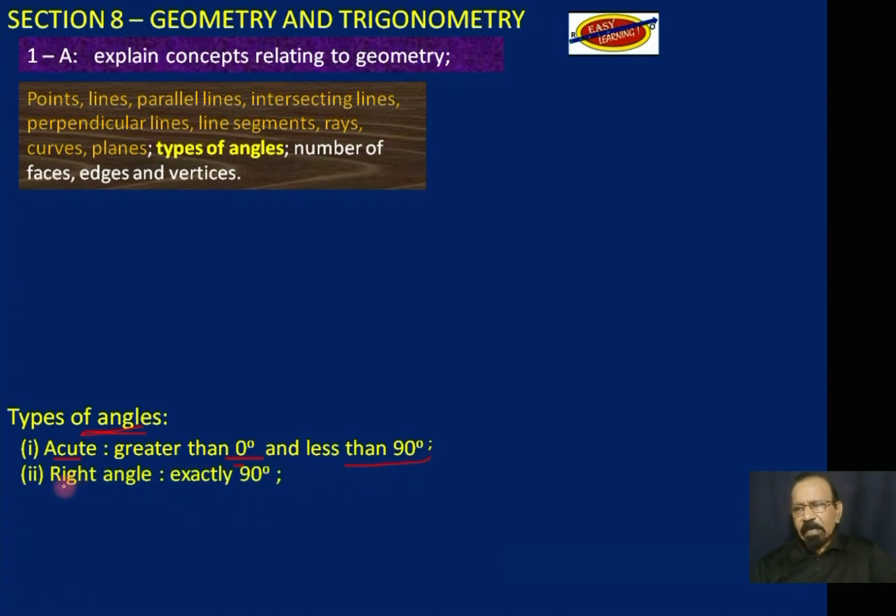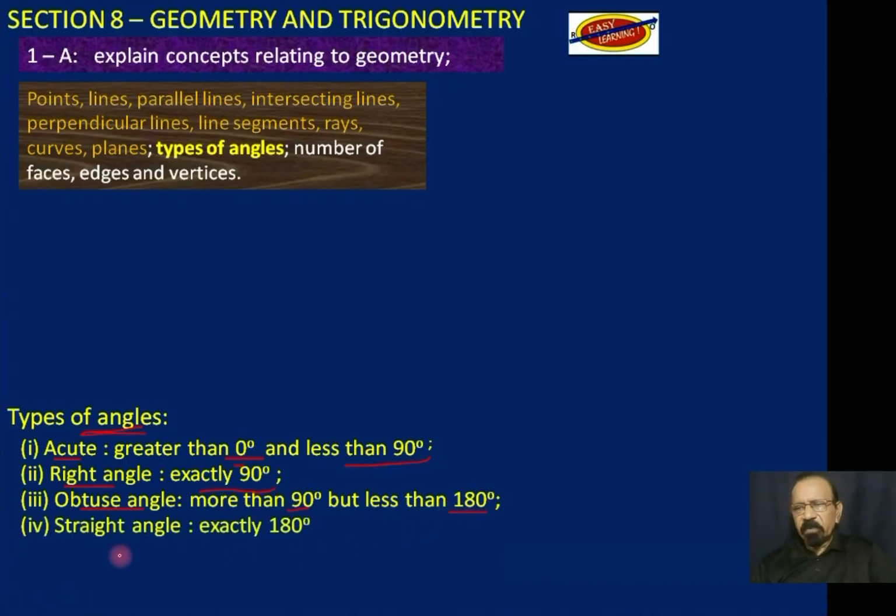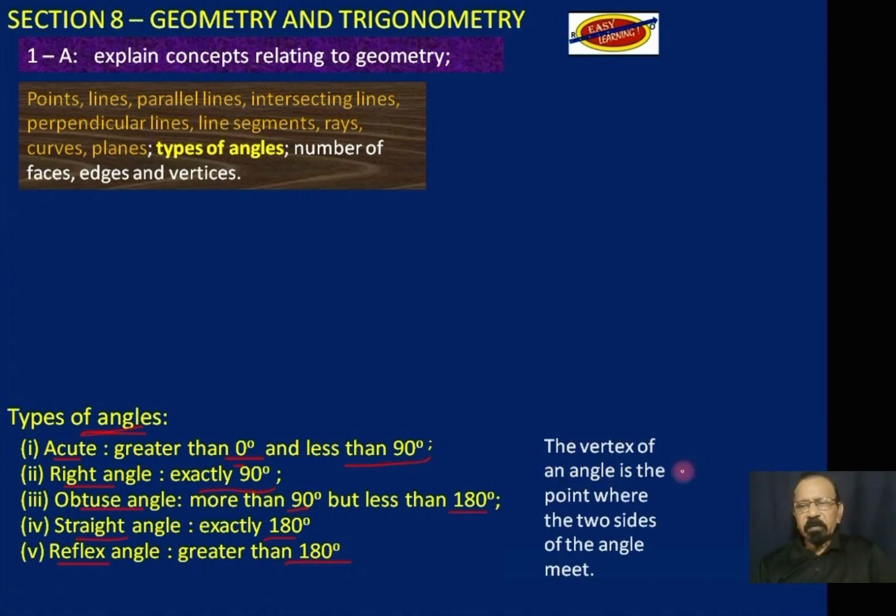Then you have right angle, which are exactly 90 degrees. You have obtuse angle, which is between 90 and 180 degrees. And you have straight angles, which are exactly 180 degrees. And then you have reflex angles, which are greater than 180 degrees.